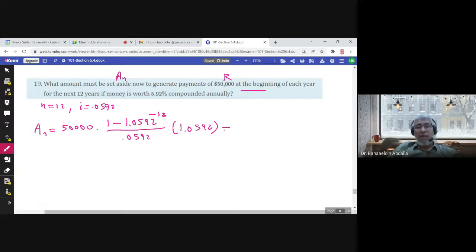And you can use the calculator, multiply these numbers, and you will find that the answer is $445,962.23.